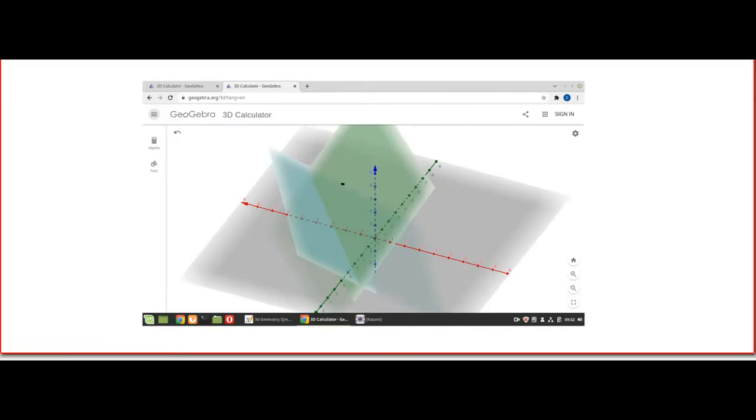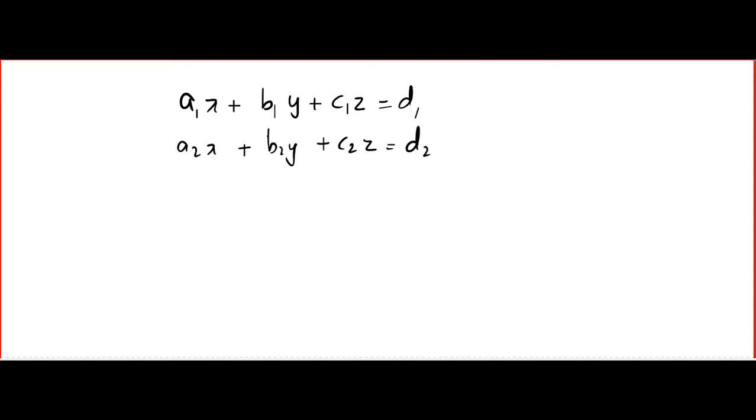So you can understand this normal, the green normal, and the blue normal will be perpendicular. So remember, when two planes a1x plus b1y plus c1z is equal to d1 and a2x plus b2y plus c2z is equal to d2 are perpendicular, then the normals are perpendicular.